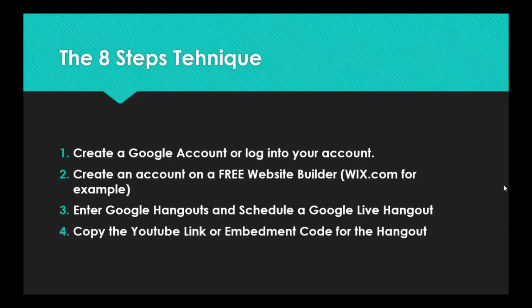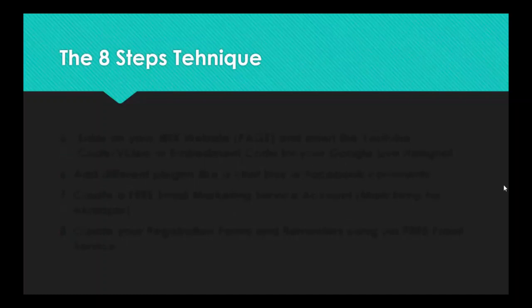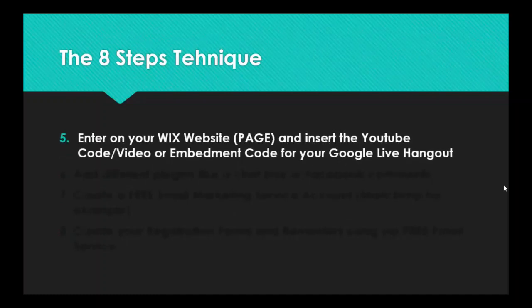You will see that you have some distribution links there, or share the Google Hangout, and you will have more options. Throughout these options, you will also have a YouTube link or an embedment code for your Hangout. After that, step number 5 is to enter on your Wix website page that you have created.